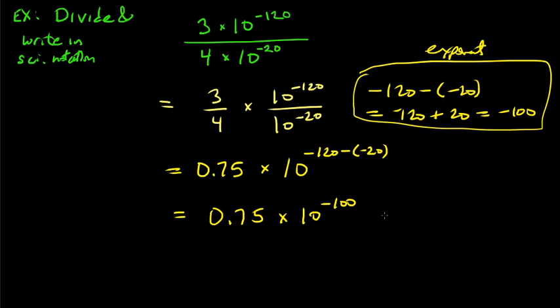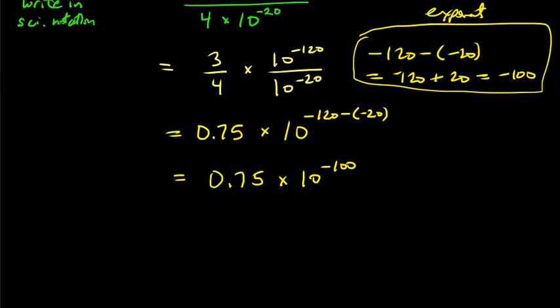Okay? However, we're not in scientific notation, right? You cannot have a 0 in front. This 0 should be a 7. So we're going to have to multiply by 10 to move the decimal to the right, right? So multiply by 10 and then divide by 10. So if you multiply by 10, this becomes 7.5, which is where we want the decimal.